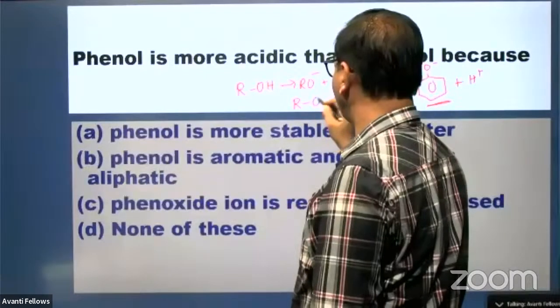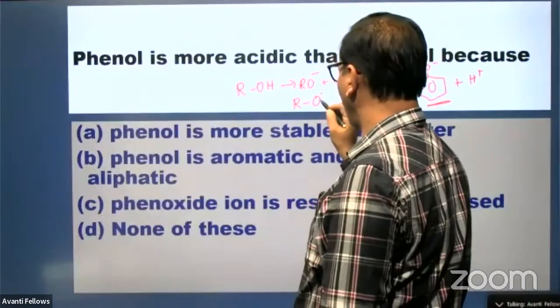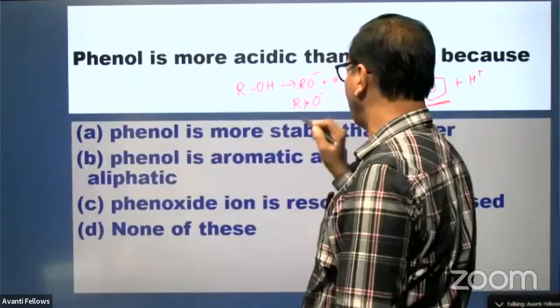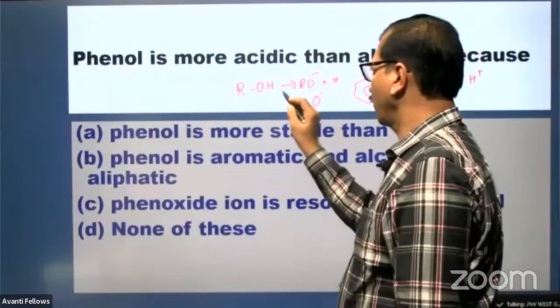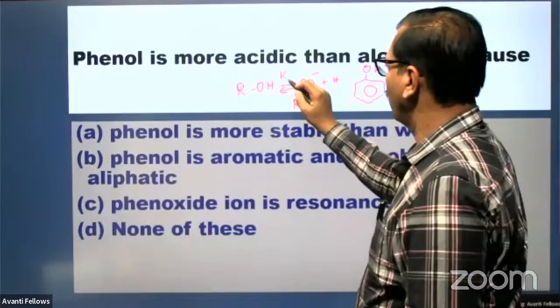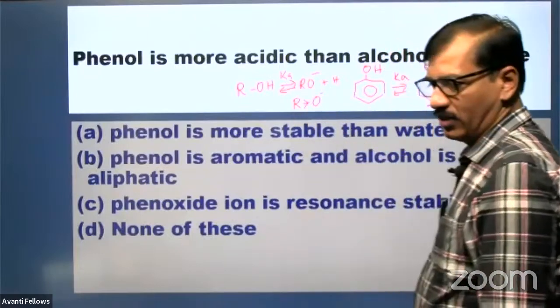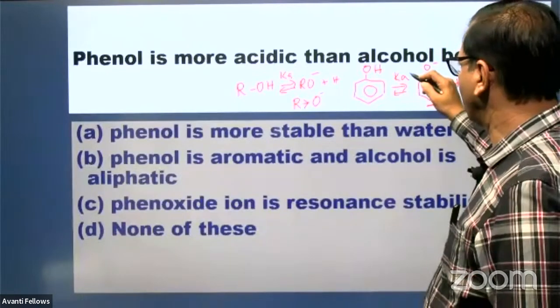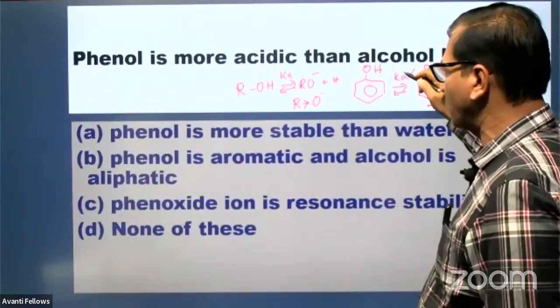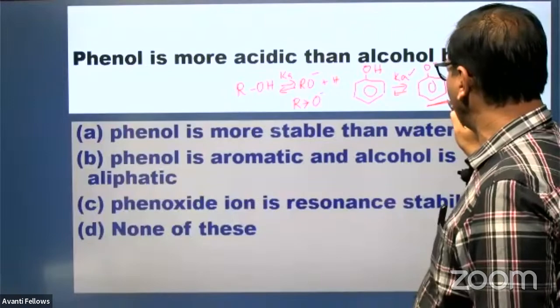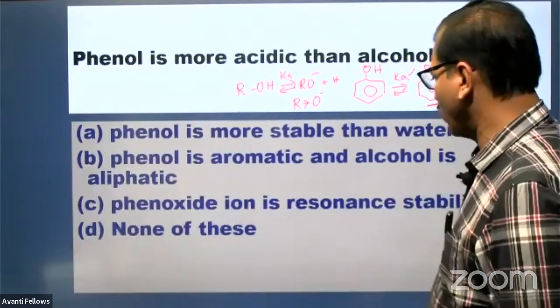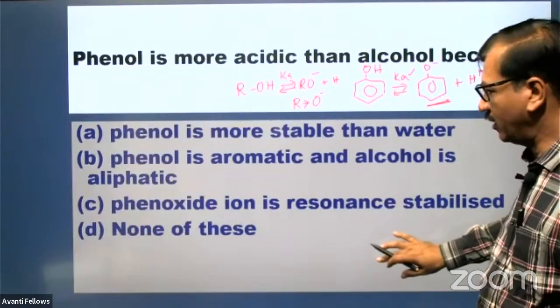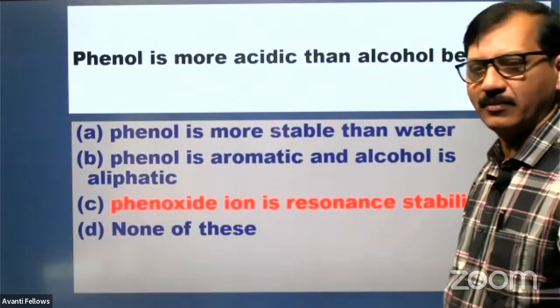The alkoxide ion is less stable because oxygen is having the negative sign and the alkyl group is electron releasing, so this reaction is more dominant. This leads to a lesser Ka, the ionization constant, of alcohols. So why is this Ka more, or why is phenol more acidic? Because the phenoxide ion is resonance stabilized. So therefore this is the answer.